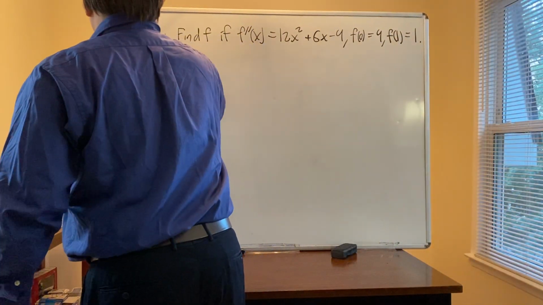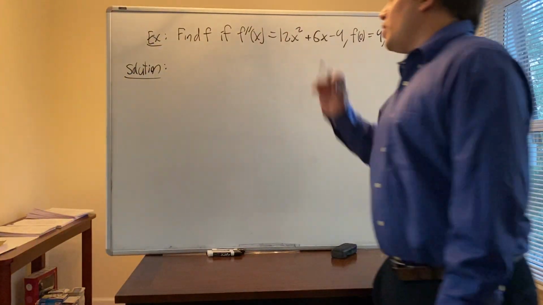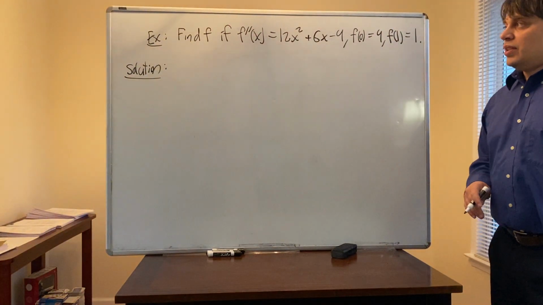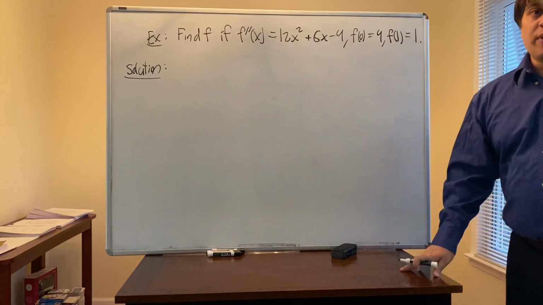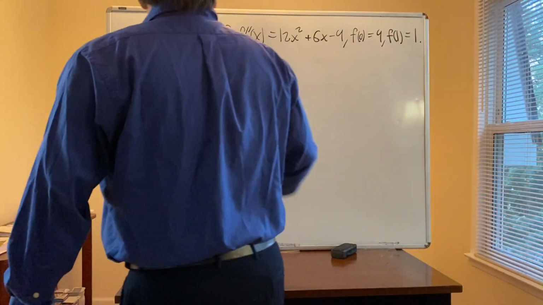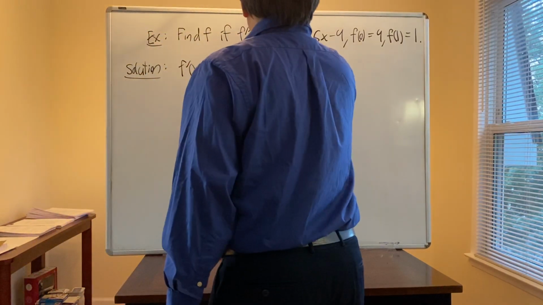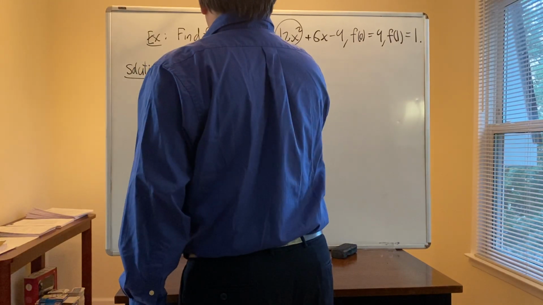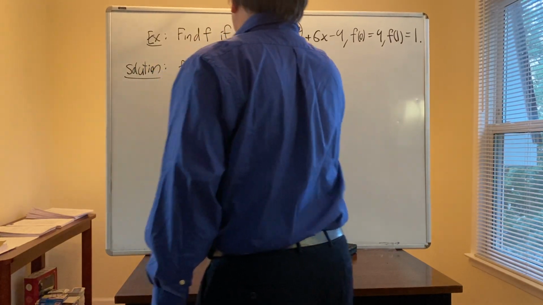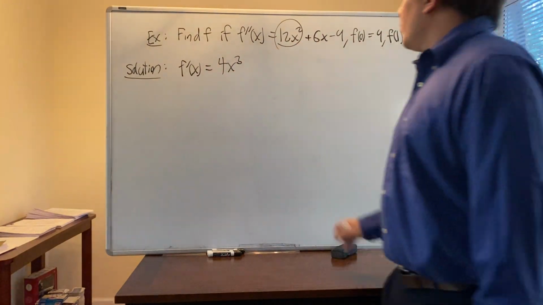So here's the solution. Let's find first the most general f prime of x, which is all the antiderivatives of f double prime of x. Okay, so f prime of x is going to equal, first, an antiderivative of 12x squared is 4x cubed. The derivative of 4x cubed is 12x squared.